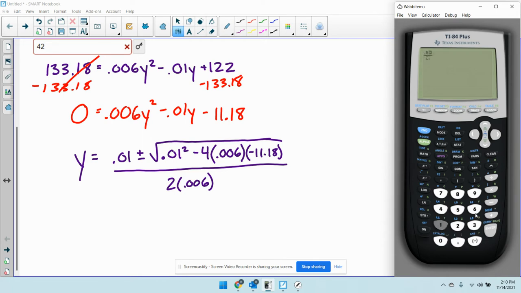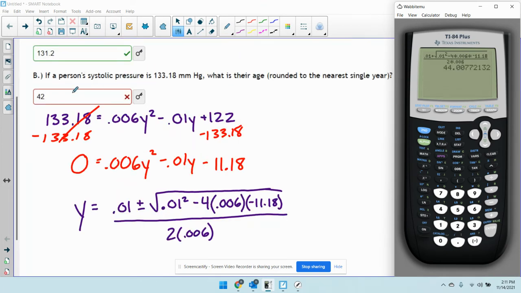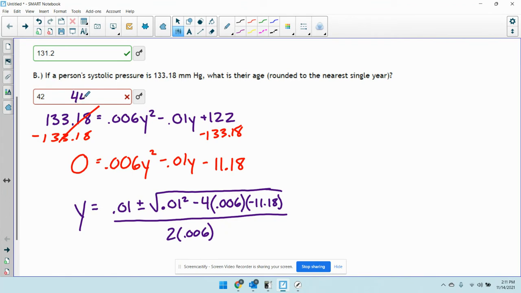Then I'll do 0.01 plus the square root of 0.01 squared minus 4 times 0.006 times negative 11.18 over 2 times 0.006. I get 44. So it looks like you were close, but this should be 44.